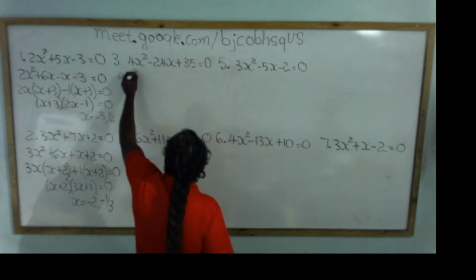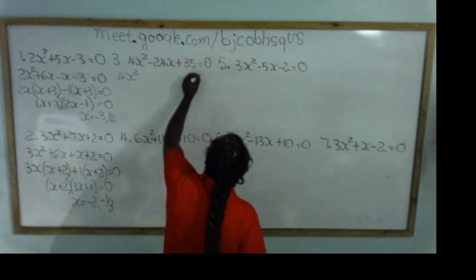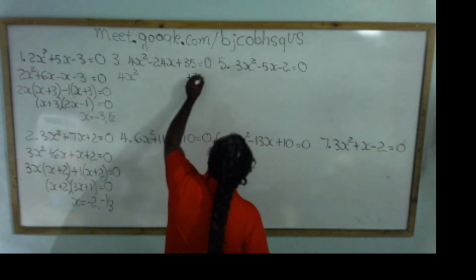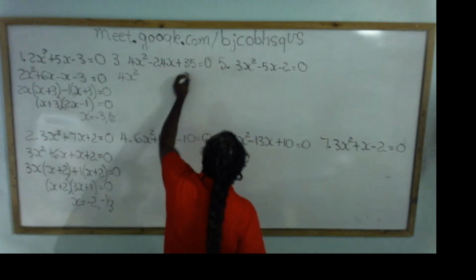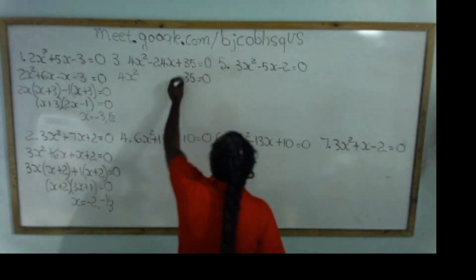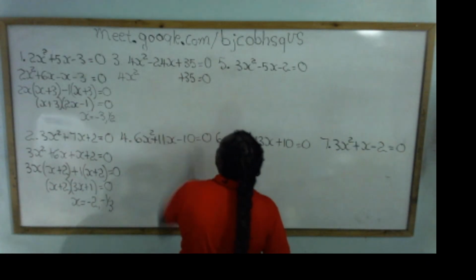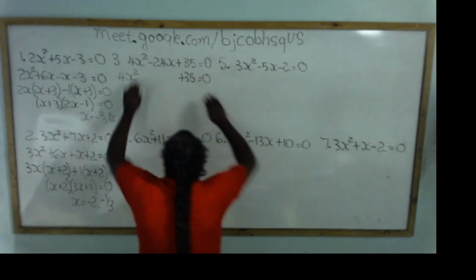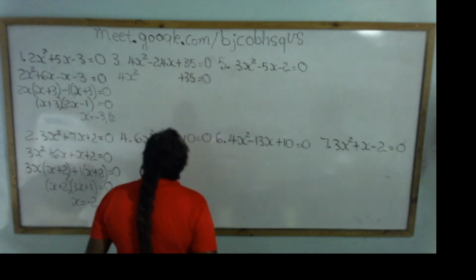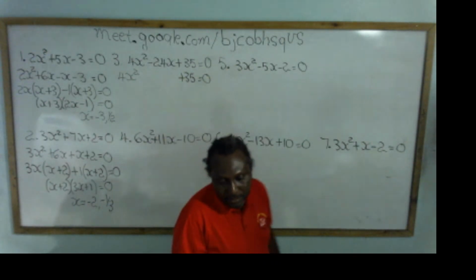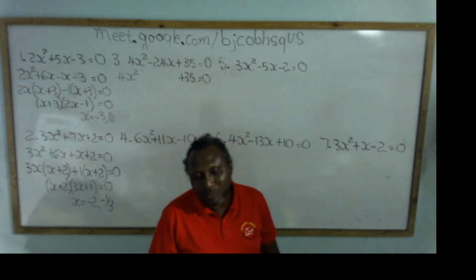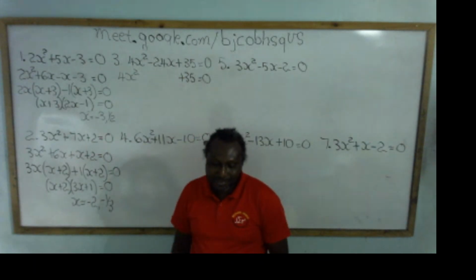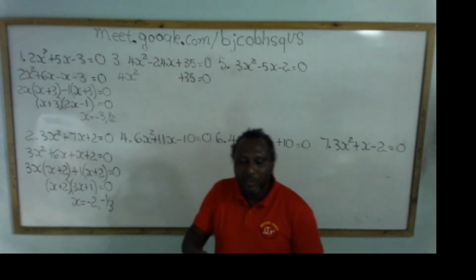Let me see what to make of this one. Let's see what to make of that one. The two numbers have a product of 4 times 35. Some students find 4 times 35 a little difficult. So what do you do? Don't say 4 times 35.